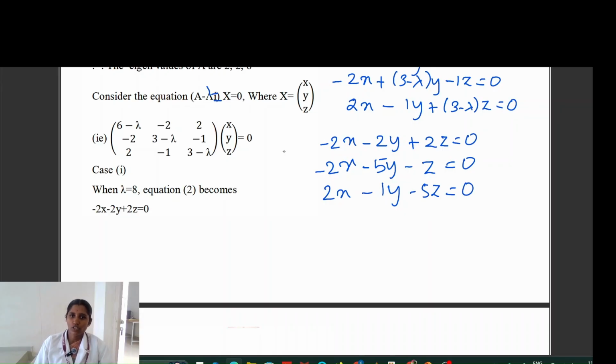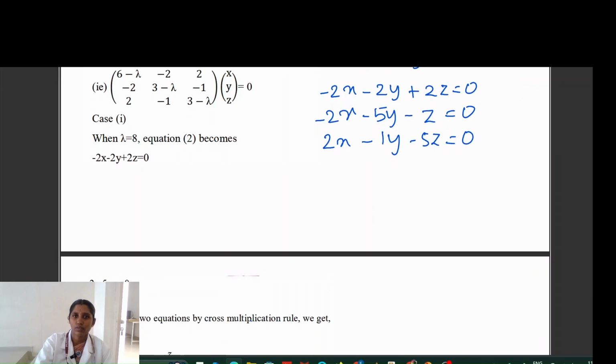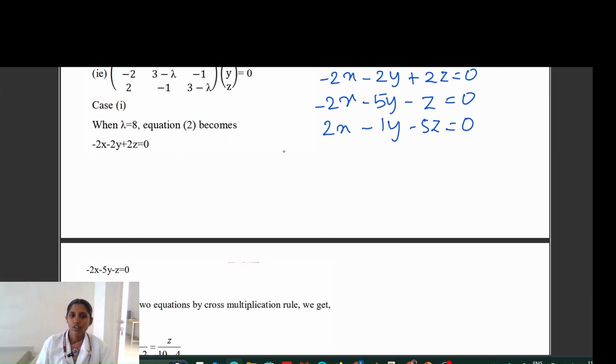Here these three equations are different, so we use the cross multiplication rule. The cross multiplication rule is by considering the first two equations. Considering the first two equations, we use the cross multiplication rule, that is x, y, z.